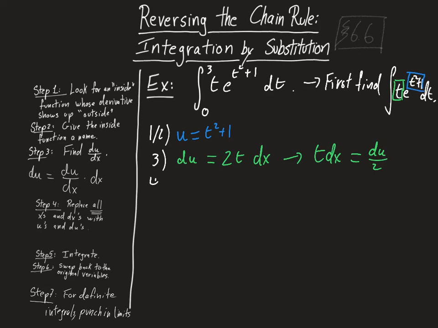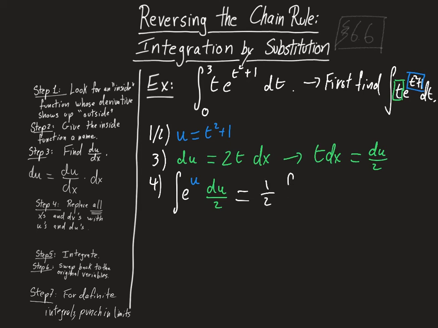Okay. Step number 4. Let's replace all of those t's with our u's. We now have an integral of e to the u times du over 2. Let's rewrite this to pull that 1/2 out in front.